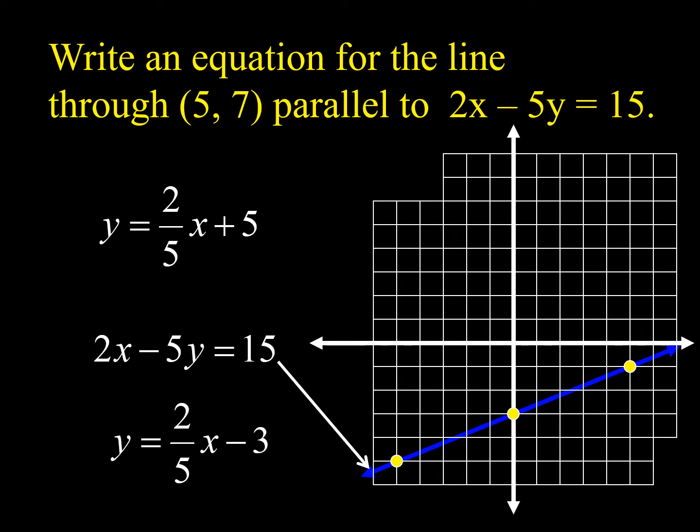The original equation. Now let us graph y is equal to 2 over 5x plus 5. Okay, so this is the graph of y is equal to 2 over 5x plus 5. So they are parallel to each other because they have the same slope, but they have different y-intercepts.